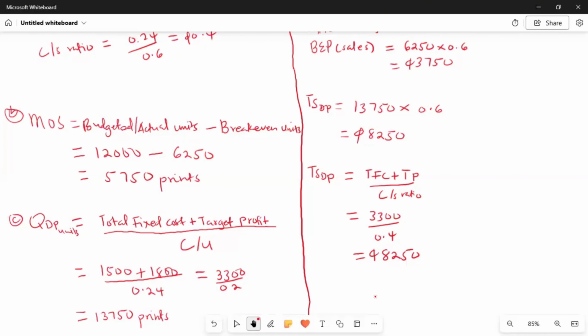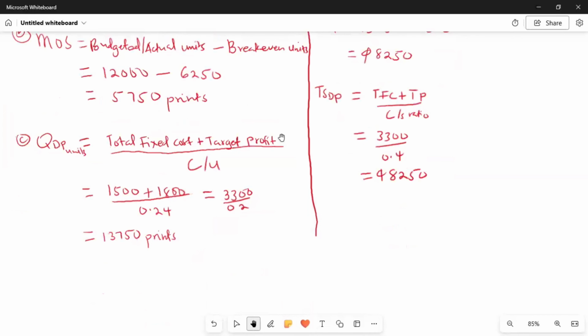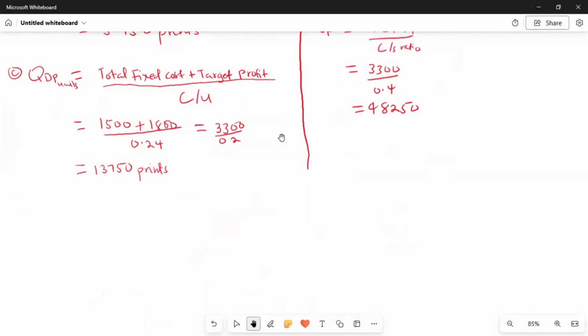So that one also has a formula. So let's put the formula nicely. The formula is the quantity we desire, that is the profits after tax.